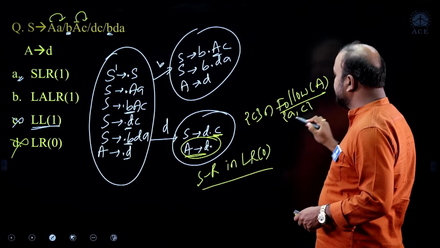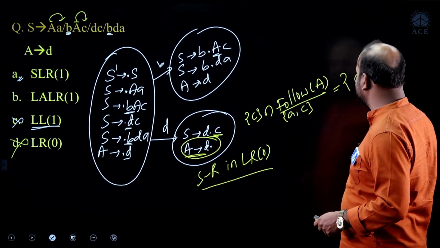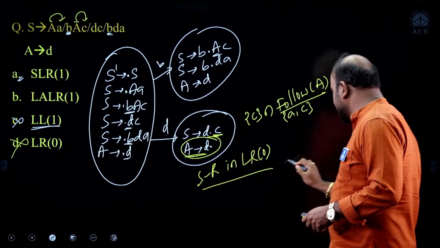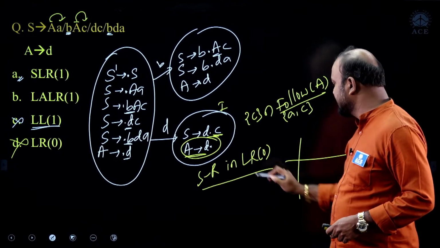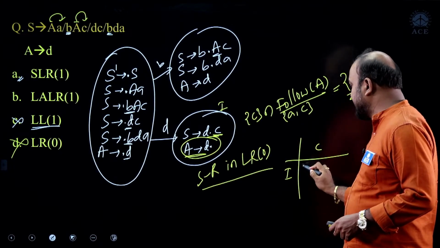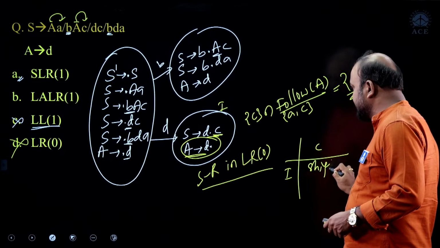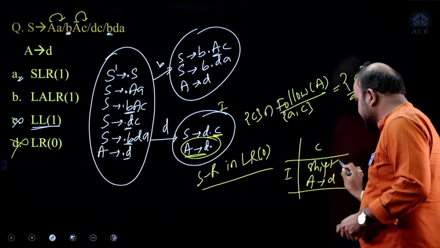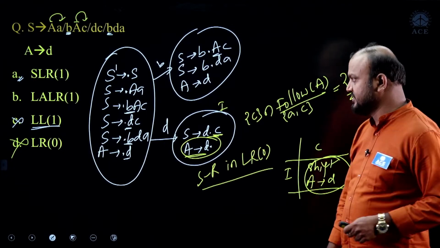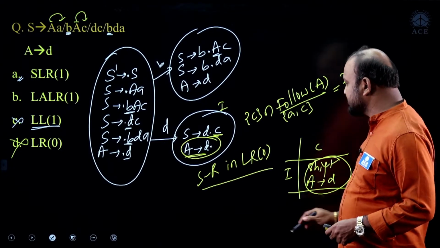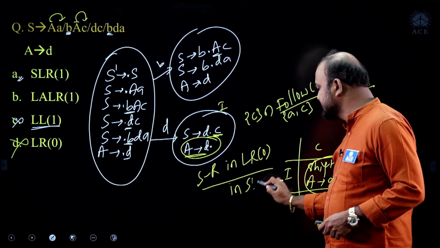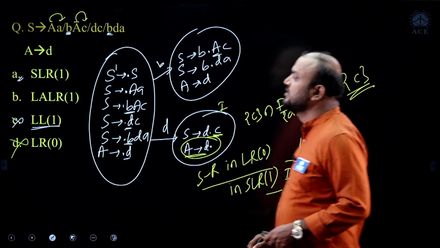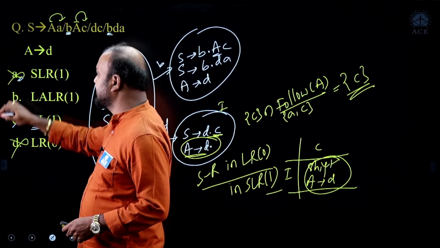It means these two will have a common symbol C. It means in the state I on input C, we have one shift action with respect to C, and A tends to D is reduced. This is shift as well as reduce. So because it is a shift-reduce conflict in SLR(1) also, SLR(1) is also wrong.